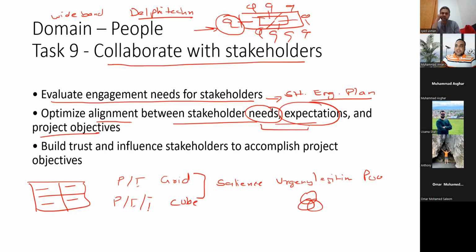When we understand their needs and expectations, we create the stakeholder register, which contains their name, contact information, roles in the project, their needs, their expectations, and their classifications: unaware, resistant, supportive, leading, or neutral. Based upon that, we align the project objectives, deciding whom we need to engage and how.